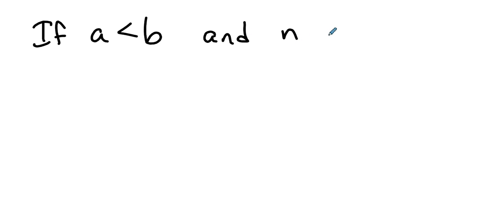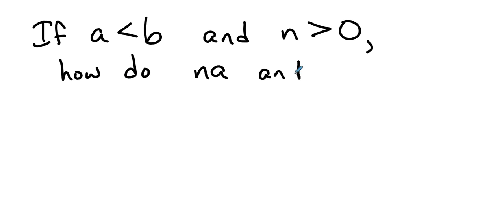So then what happens when, let's pretend that you have a less than b, and let's suppose that you have some positive number n. How do n times a and n times b relate? Who's bigger?